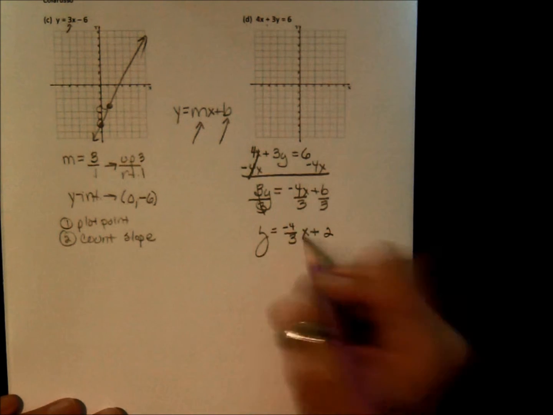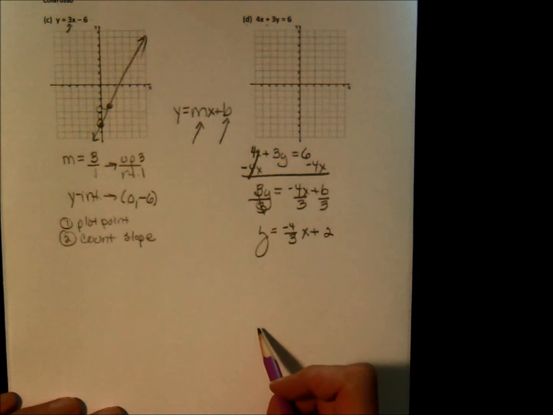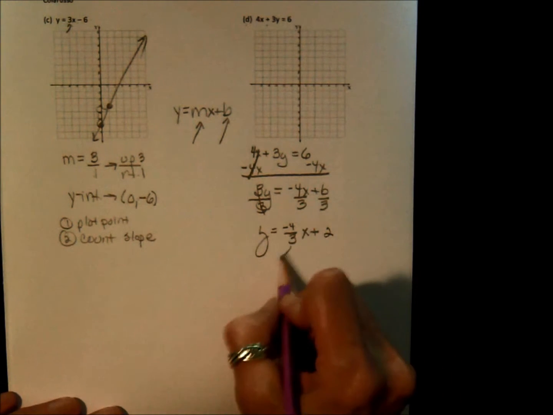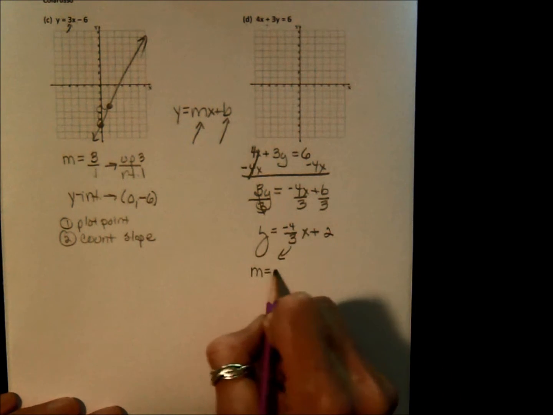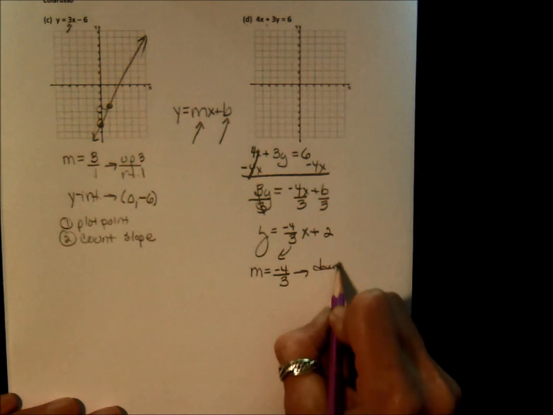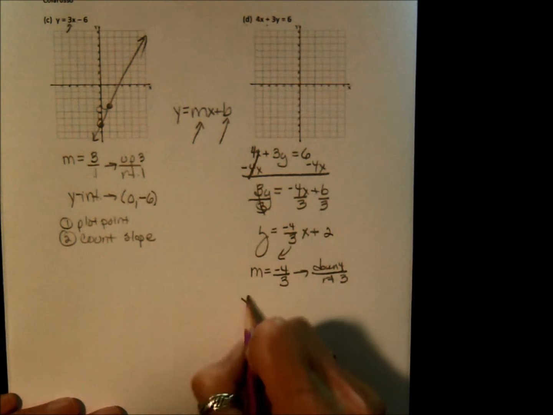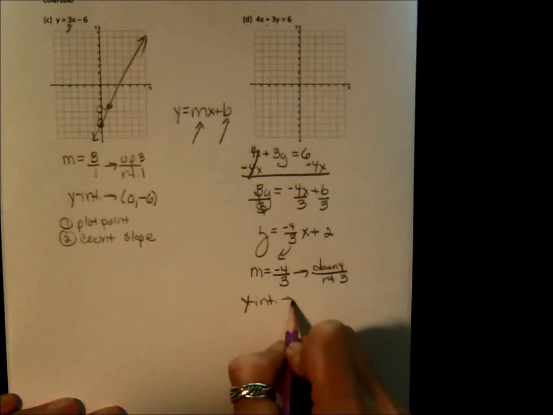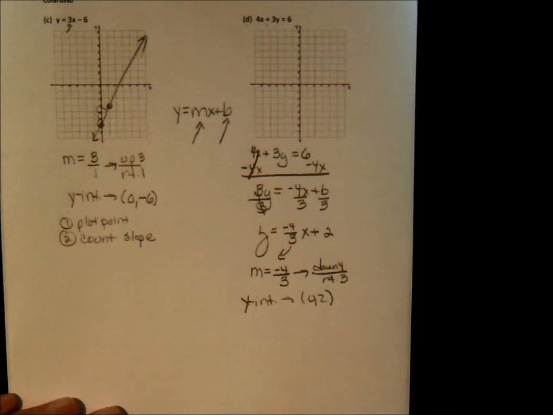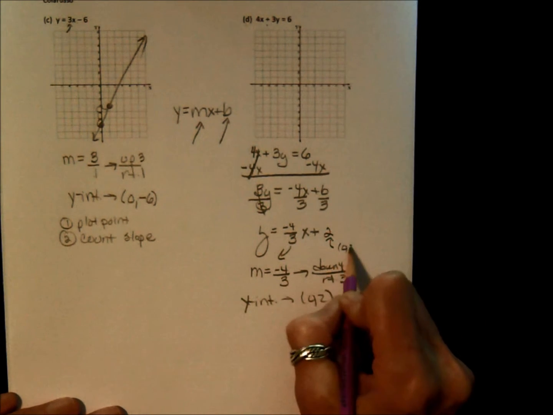Now again, because this equation is in y equals mx plus b form, it tells me two things. It says the slope is -4/3, or down 4, right 3. And it tells me that the y-intercept is the point 0, +2. That's what this tells me, 0, 2.